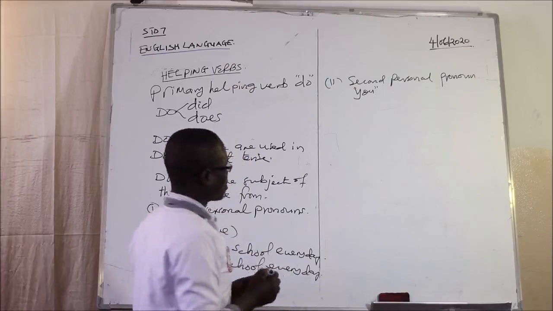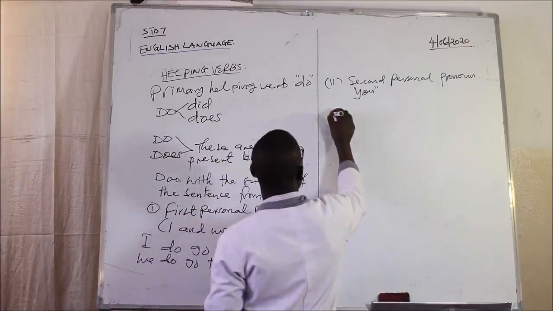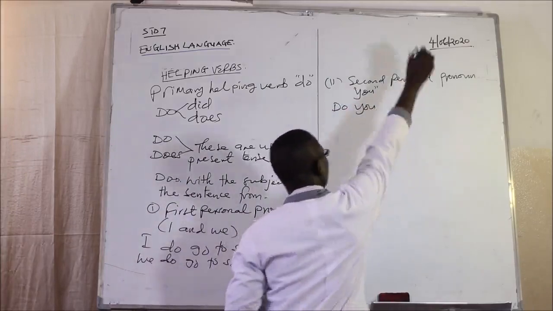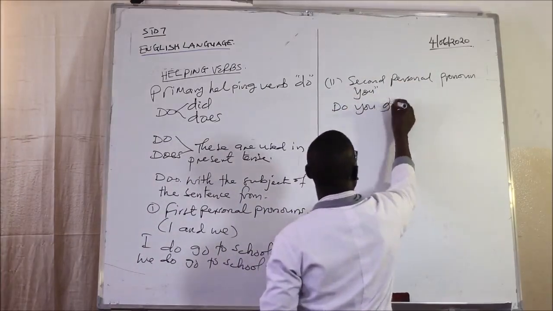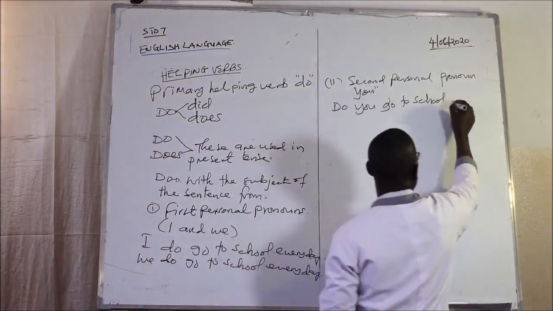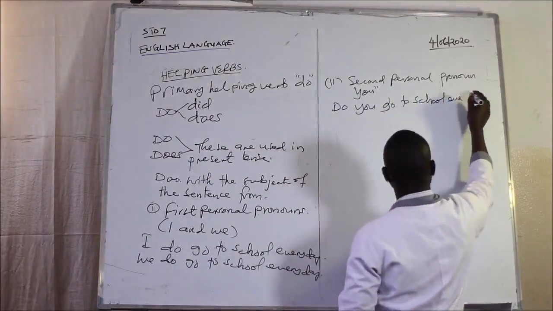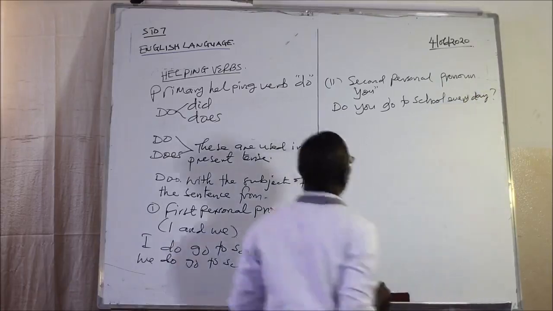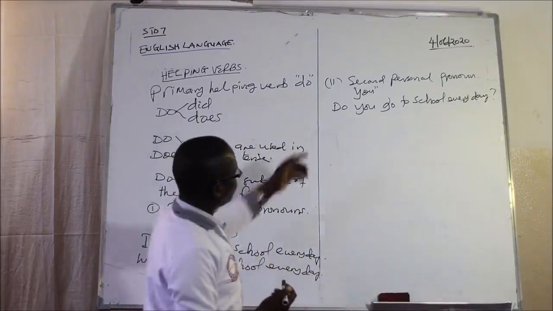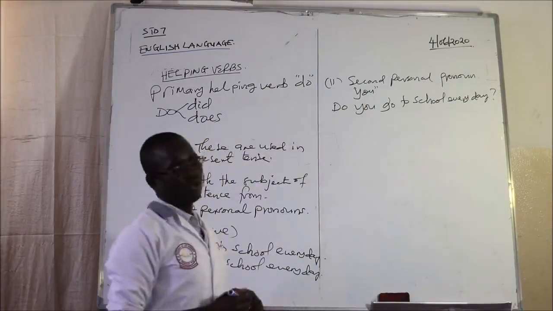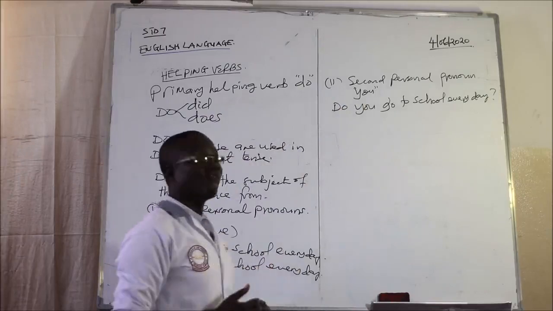A sentence, for example, say, do you go to school every day? Do you see? This is the helping verb do that we are using with our subject, which is you here. Again, you can make it affirmative.